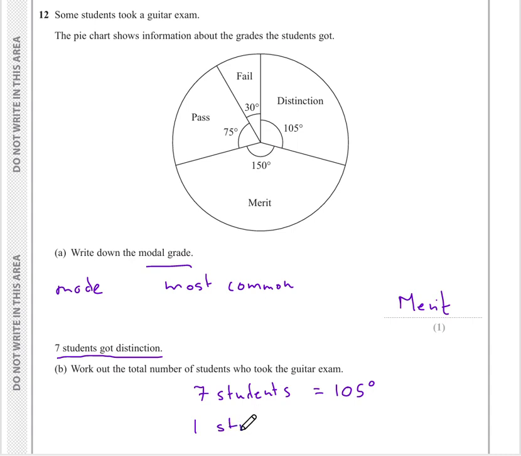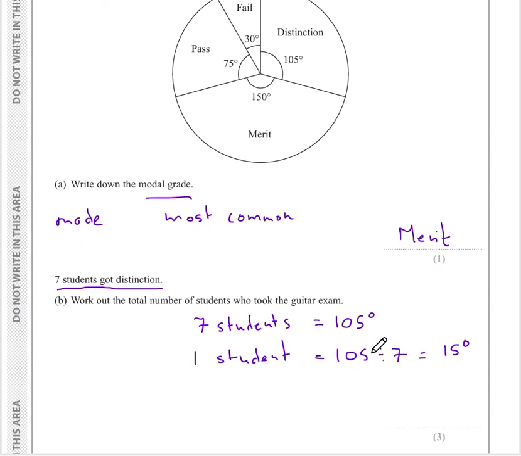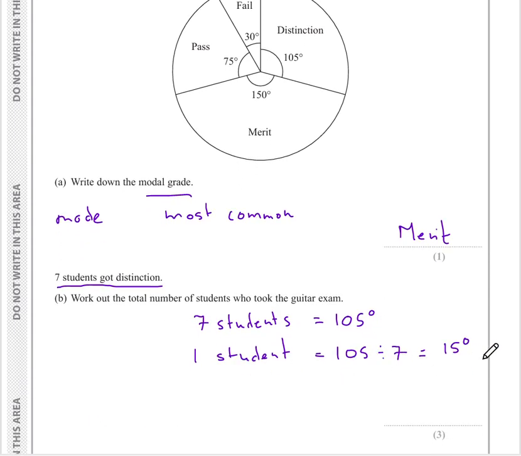So how many degrees for one student? If we divide this 105 into 7 parts, it's going to give us 15 degrees. So we know one student is 15 degrees.